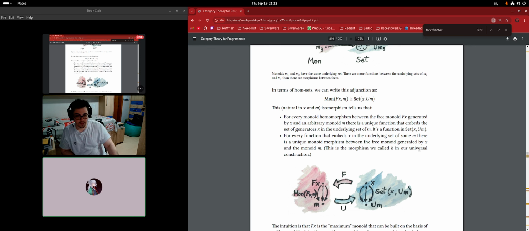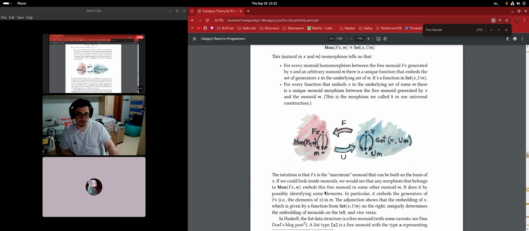So for every function that embeds X in the underlying set of some M, so we are now in the blue guy, there is a unique monoid morphism between the free monoid generated by X and the monoid M. So we're basically saying that there is a unique arrow in here between these two.